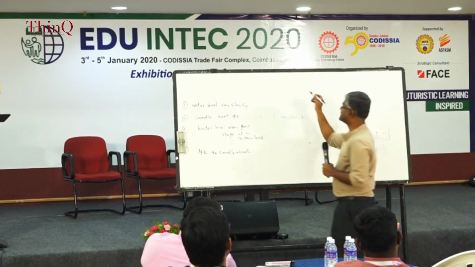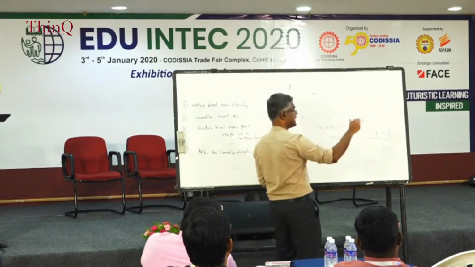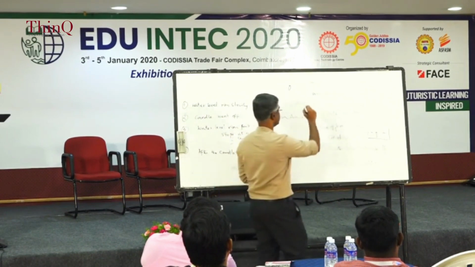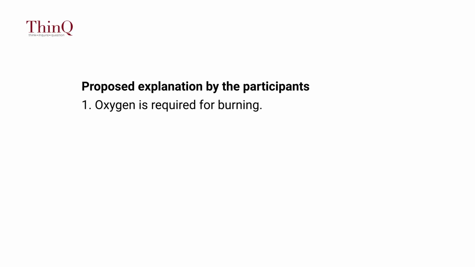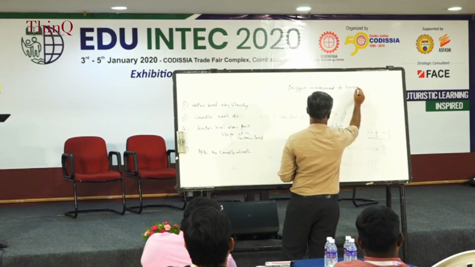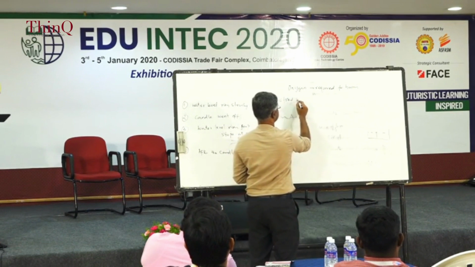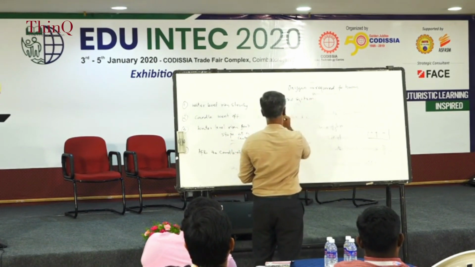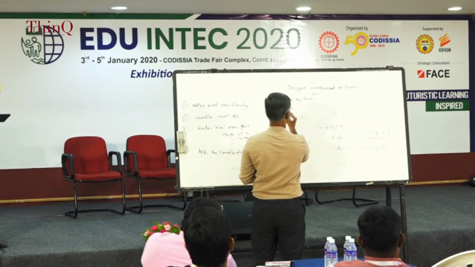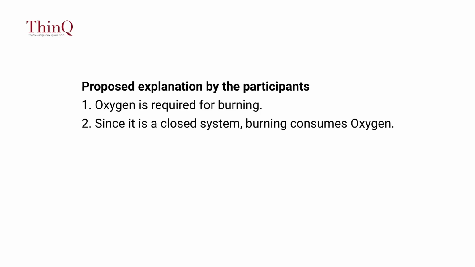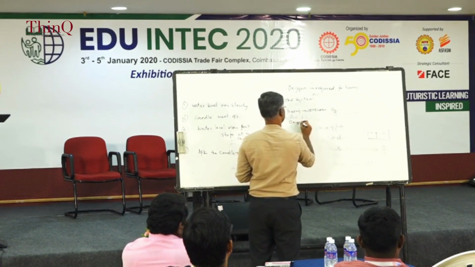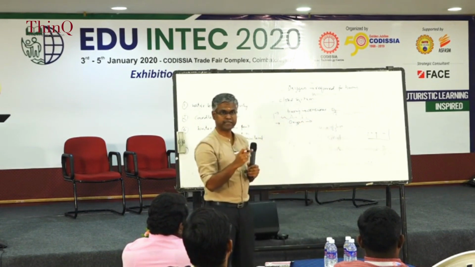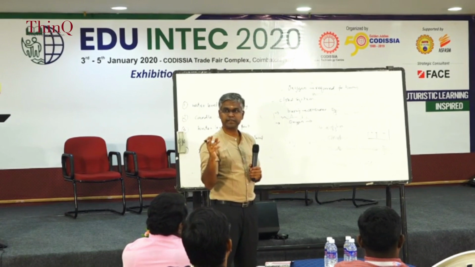Okay. So what you're saying is that there is air inside, and air contains oxygen. Let me skip those steps and say oxygen is there and oxygen is required for burning. And since it is a closed system, correct me if this is not what you say, burning consumes oxygen, and once the oxygen is consumed, you said something else: to equalize the atmospheric pressure.